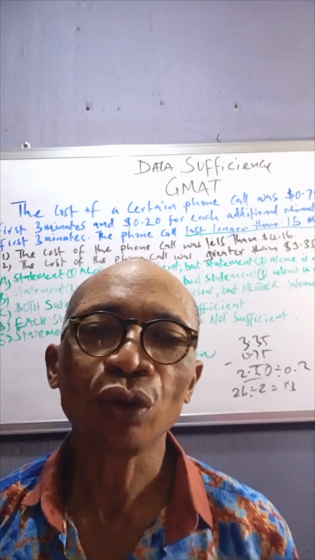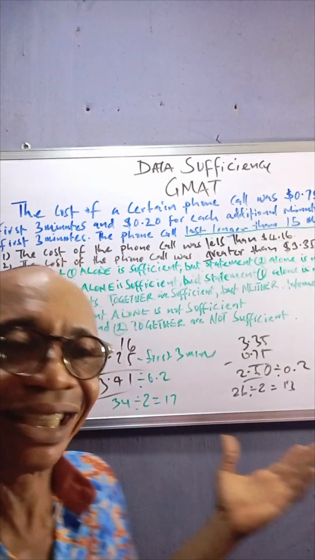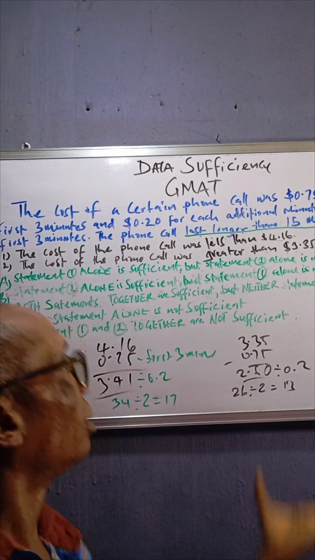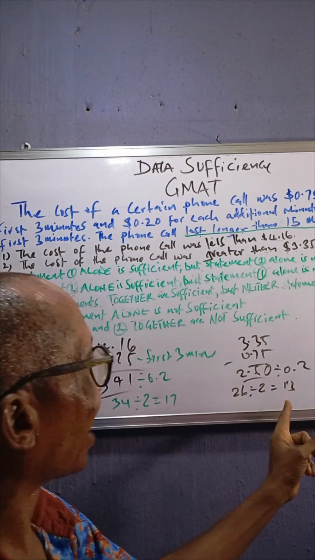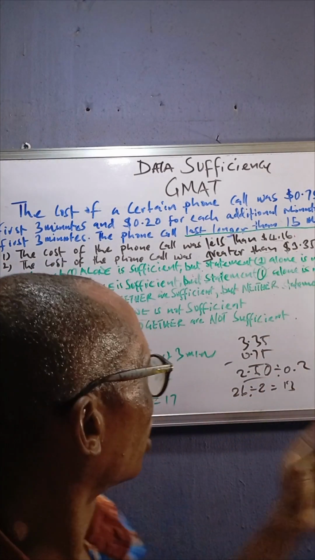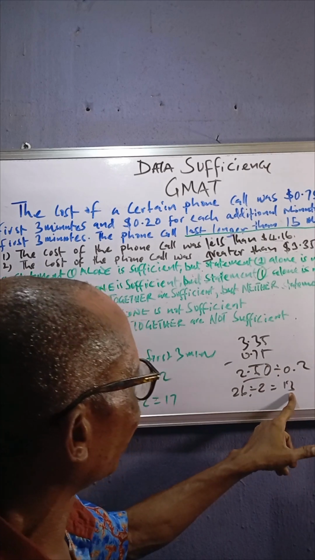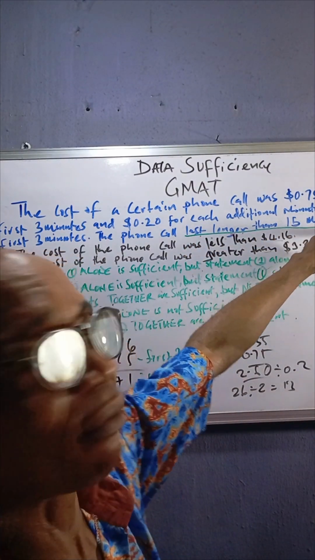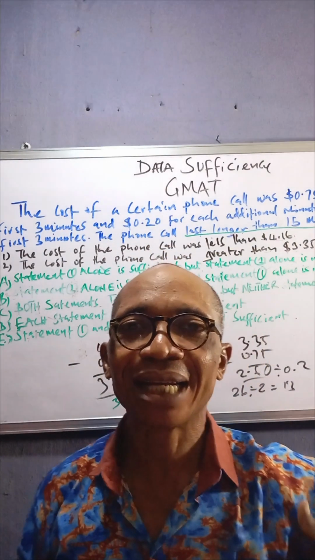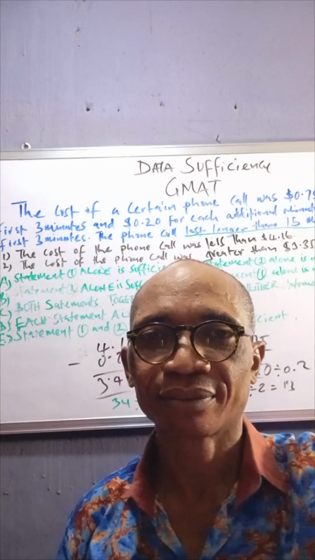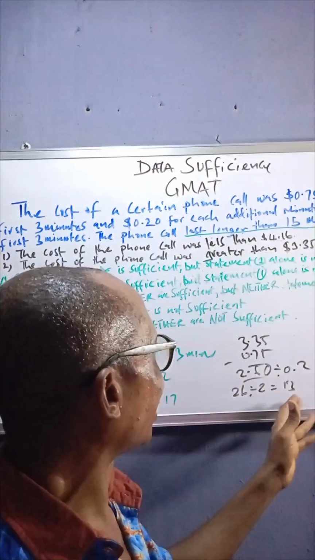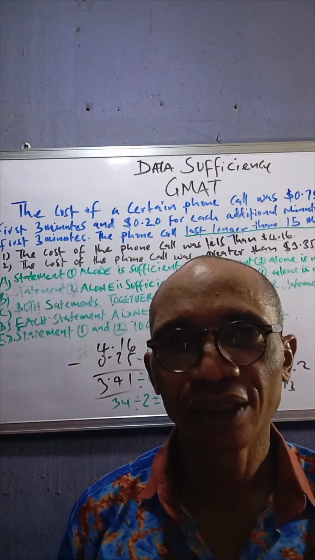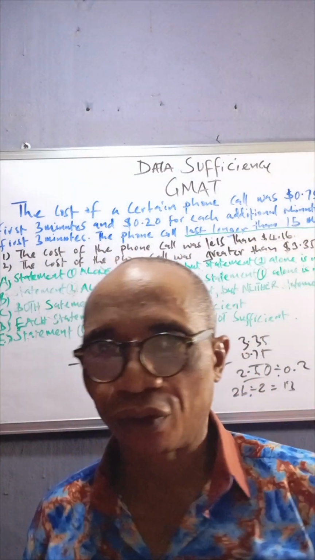So for statement 2, we can deduce that the entire call is greater than 16 minutes, because this is the first 3 minutes plus the additional 13 minutes, 16 minutes. Since the information says the call lasted longer than 15 minutes, it makes sense to say the call lasted more than 16 minutes, because we have 13 plus 3, 16, and this is already longer than 15. So statement 2 alone is sufficient.